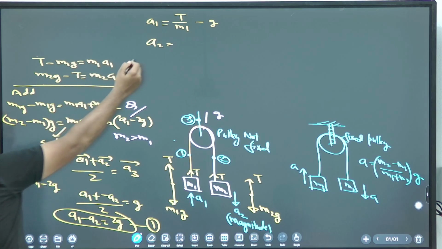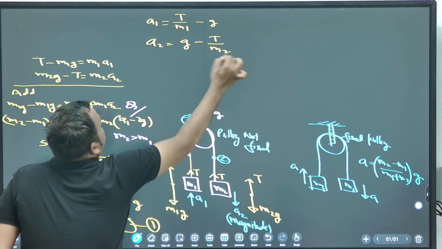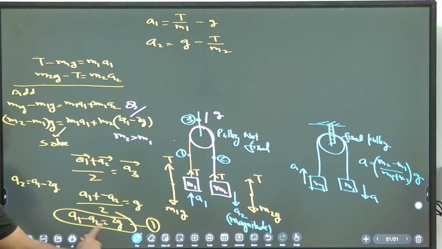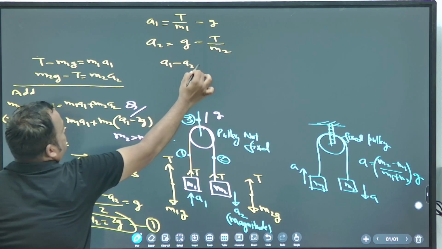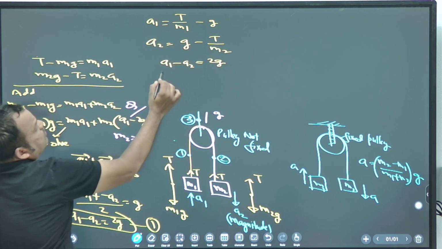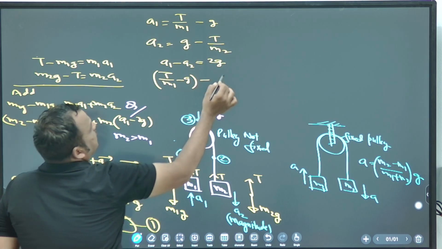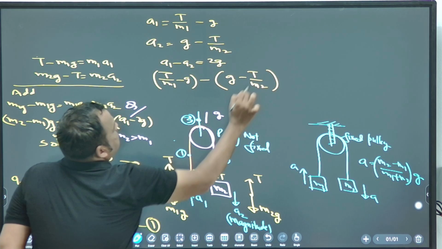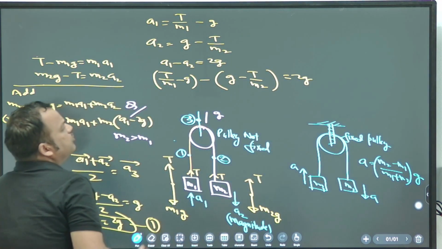Like this, g minus T by M2, correct? And a1, a2 you got, substitute here. So a1 minus a2 is equal to 2g. So T by M1 minus g, this is a1, minus (g minus T by M2), is equal to 2g.